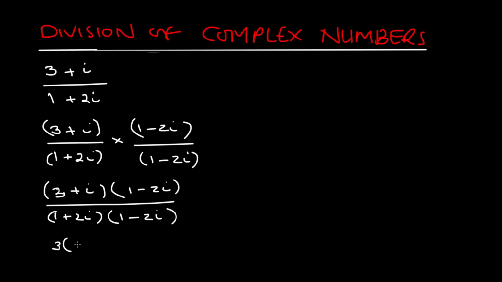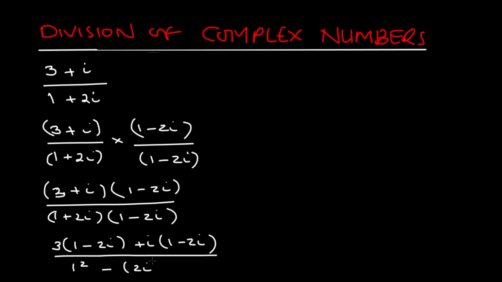Okay, so I'm going to expand this. I'll say 3 times 1 minus 2I, then plus I times 1 minus 2I, and then at the bottom here, we're going to say 1 squared minus 2I squared, like that. So let's continue from the top here.